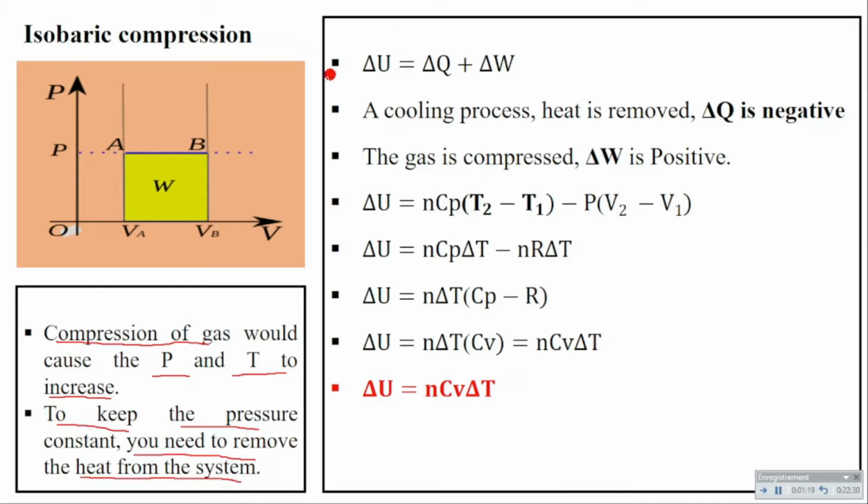Now, to show that the internal energy is equal to nCv dT, we are going to use the same formula. We know that dU is equal to dQ plus dW. I told you that you have a cooling process, which means heat is removed, so the heat is negative. Here the gas is compressed, and I told you that dW is positive when the gas is compressed.